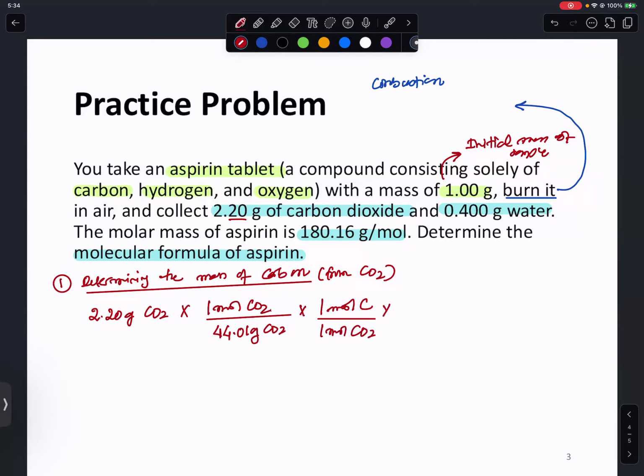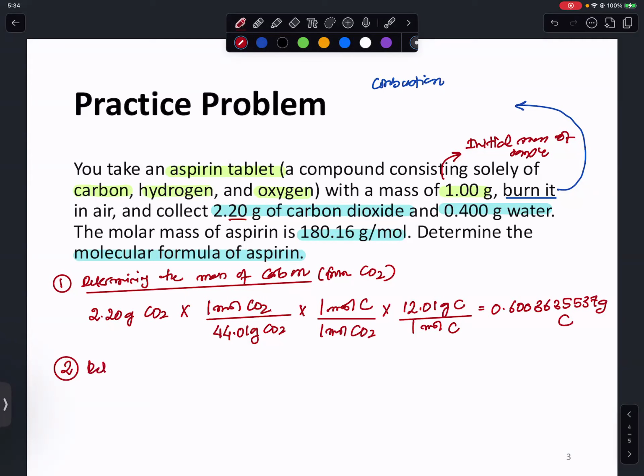And finally, I will switch to the mass of carbon using the molar mass of carbon. Okay, and I get here 0.600 grams of carbon.